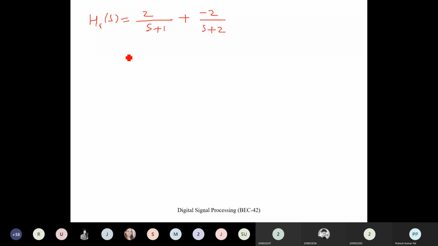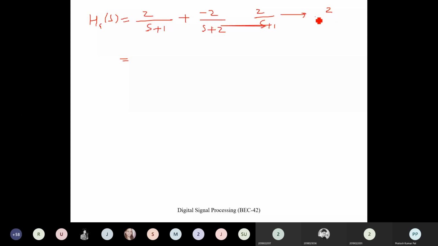So once we have got this value, we will be converting it like this: 2s plus 1 will be replaced, the 2 will be remaining the same. So this 2 will be remaining the same.